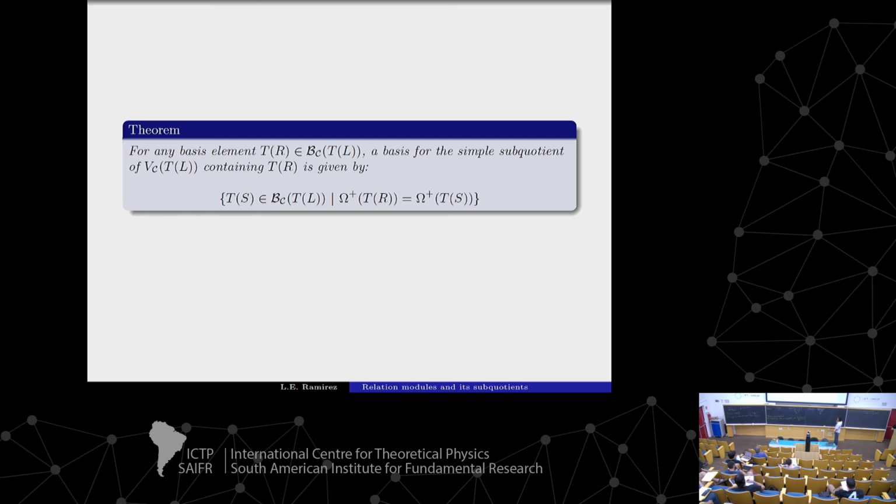Then what happens here is that there are possible omega plus configurations of arrows.